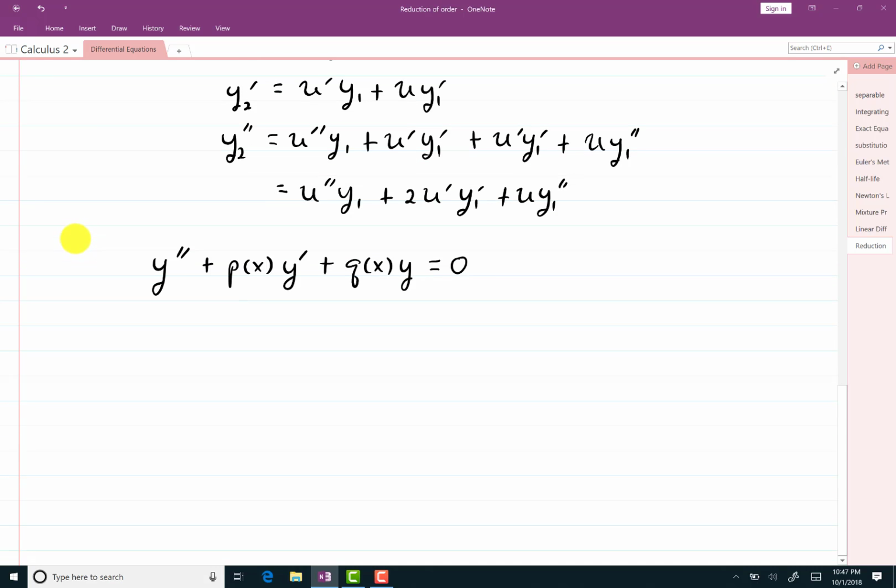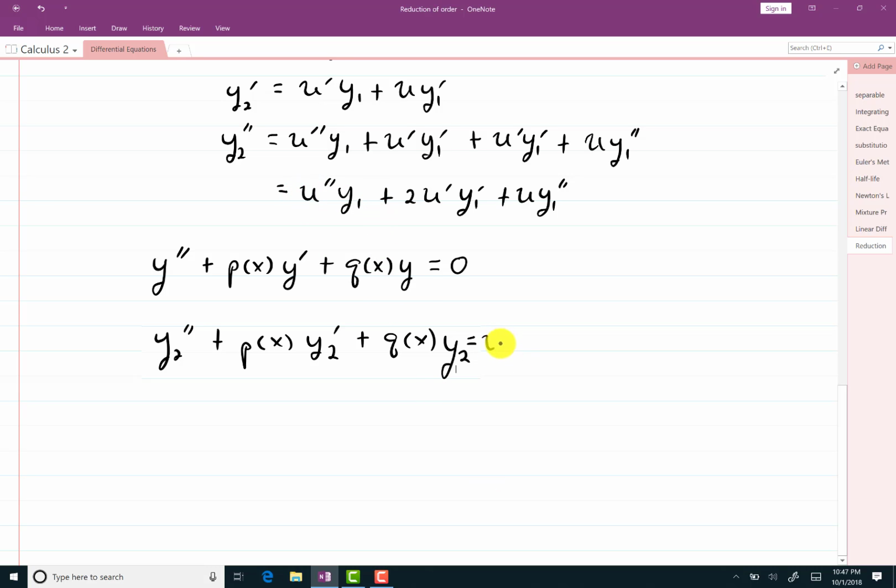So we're going to try and plug in the y2. y2 double prime plus p of x y1 prime plus q of x y equals, all right, so our y2 double prime we have done here.